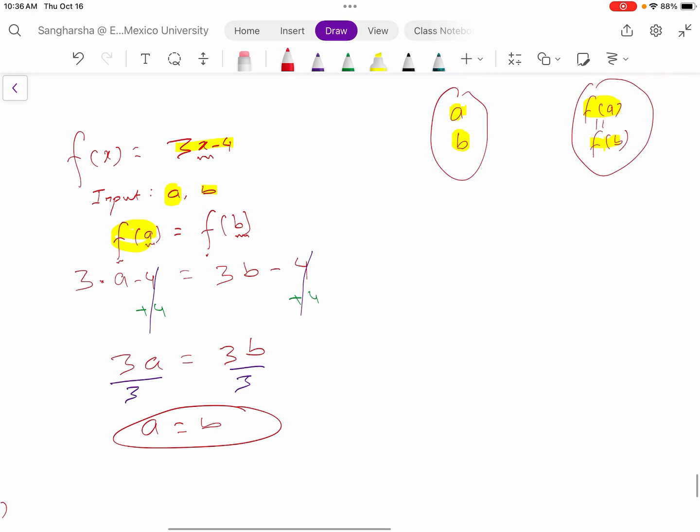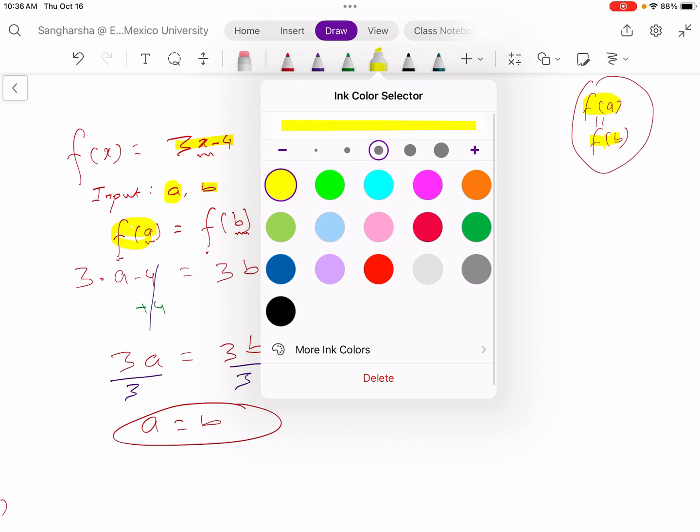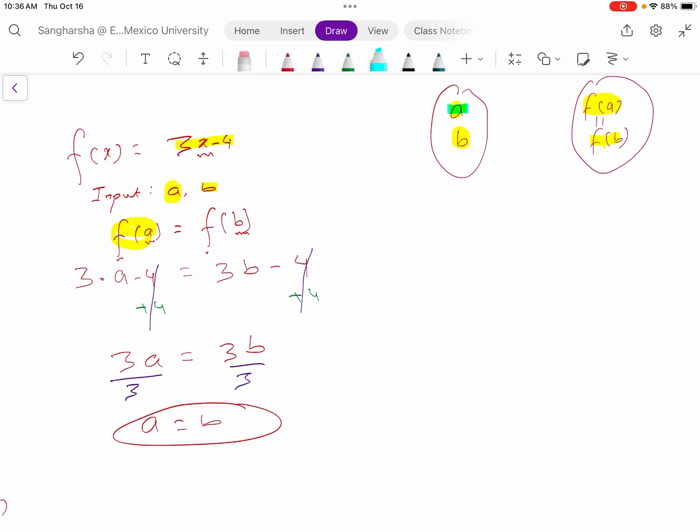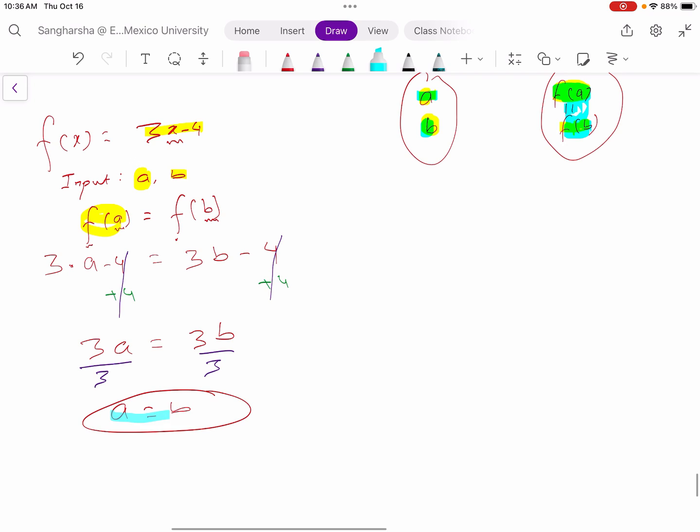How did we start? We started with A and B as two different inputs, but their outputs are exactly the same. That's our assumption. Now when we assume their outputs are the same, what do we get? We found those inputs are also the same, right?